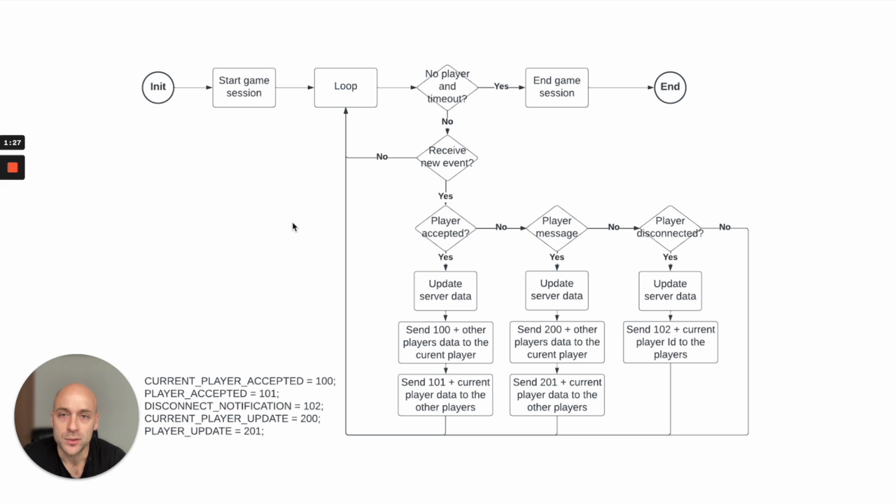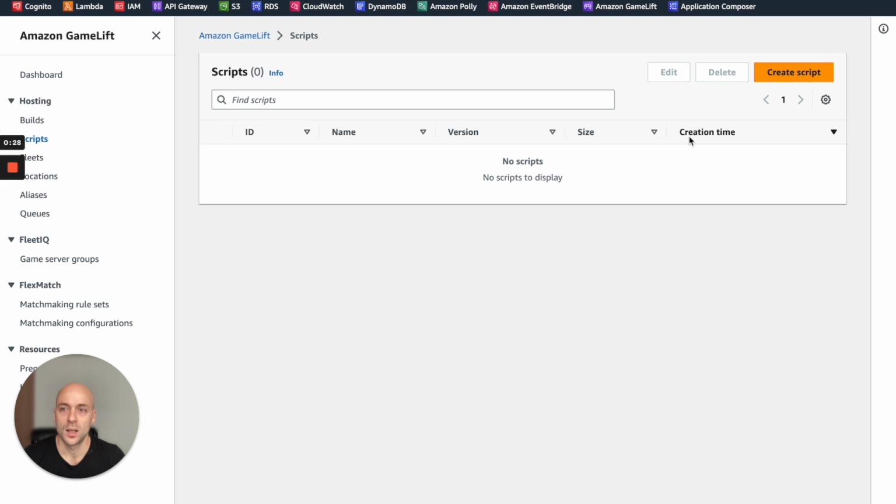For this video, I created a very generic script, so you can use it for all your games. But it's up to you to improve this script, creating, I don't know, teams, non-player characters, bots, some enemies or whatever. So what we are going to do is go to the GameLift console in the script section.